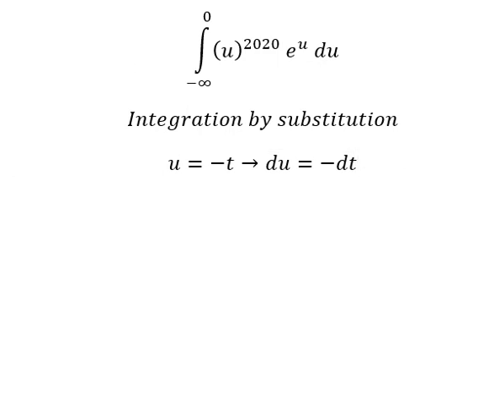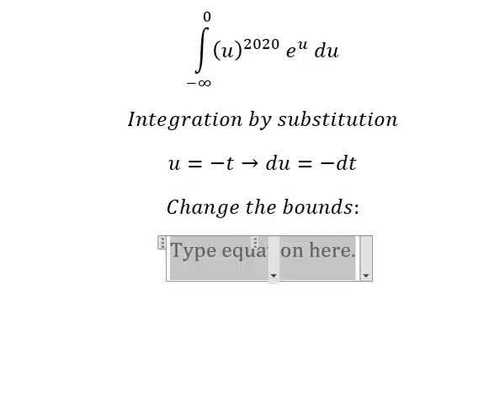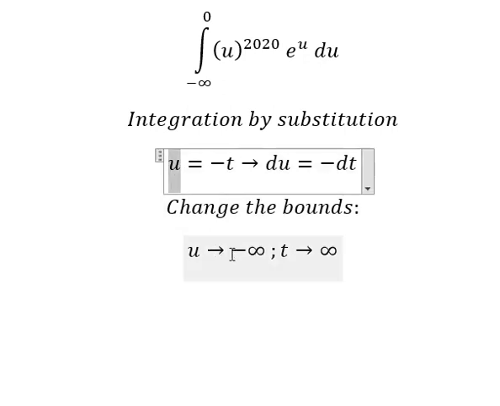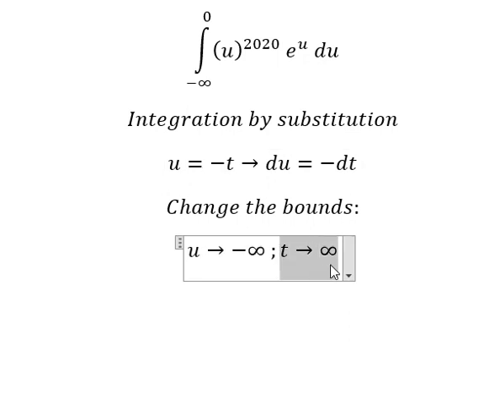Now we need to change the bounds. When u approaches negative infinity, that means t will go to positive infinity, because we put this one in here. So negative and negative, they cancel the sign. That's why we have t approach to positive infinity.